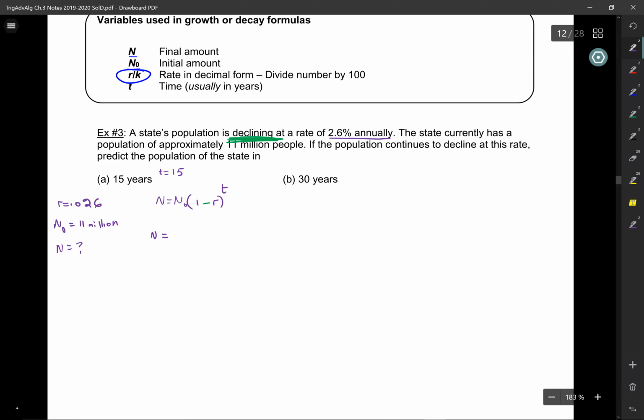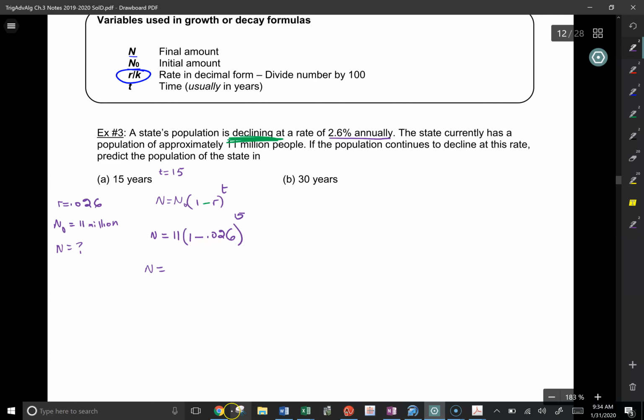So N is equal to N naught. Now, in our formula, we're not going to put the million. We're just going to put 11, and we're going to know that it's talking about millions. 1 minus 0.026 to the power of 15, because it says in 15 years.